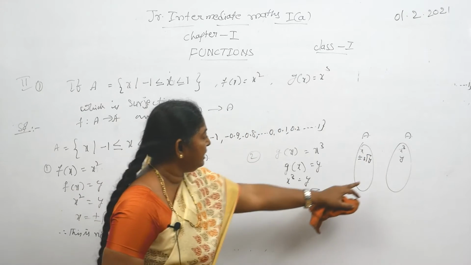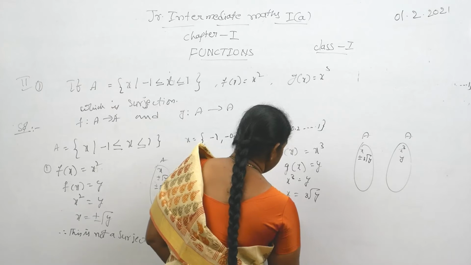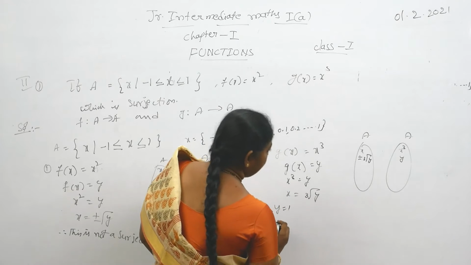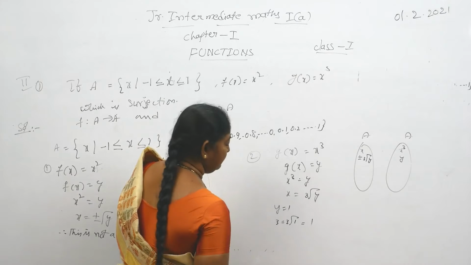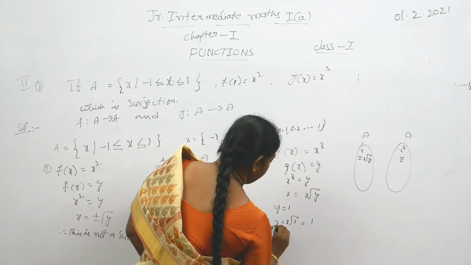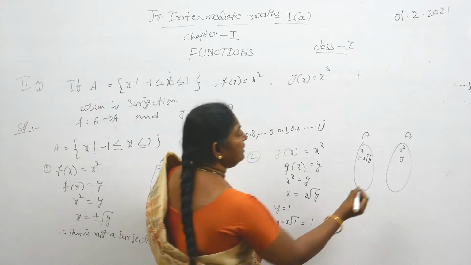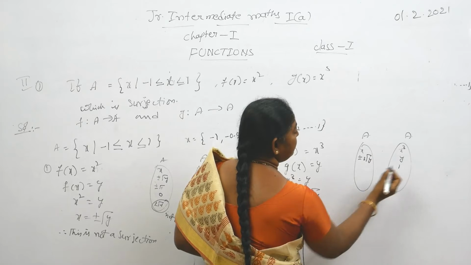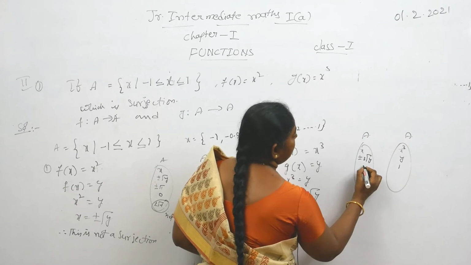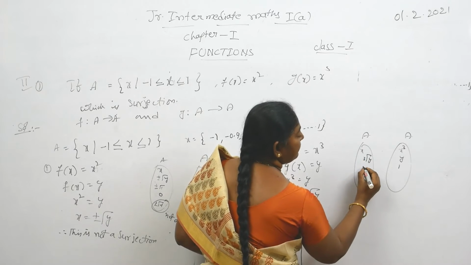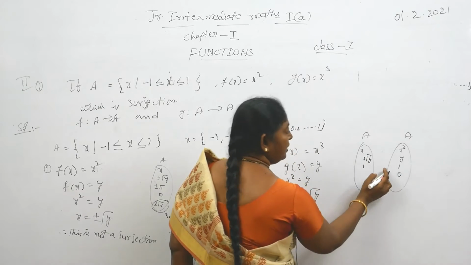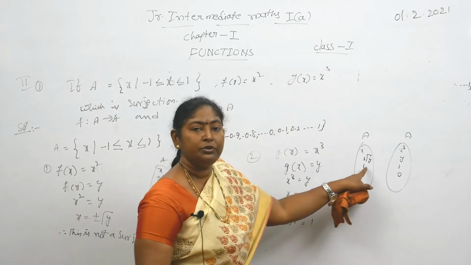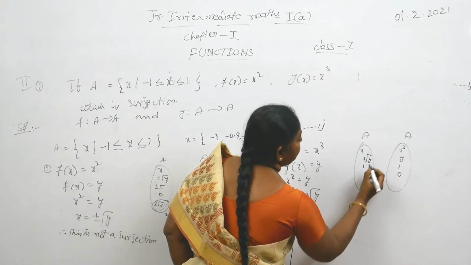Suppose here we take y equal to 1. Then x equal to the cube root of 1, so equal to 1. Next we take y equal to 0, the cube root of 0 equal to 0.